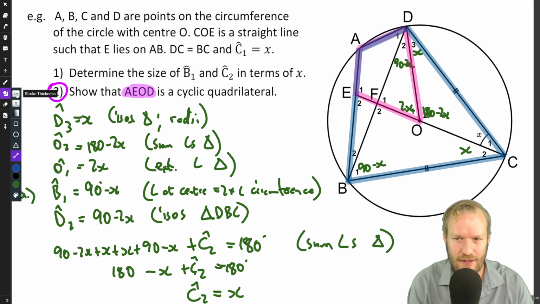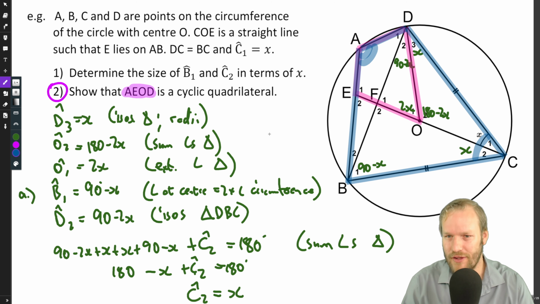Well, I've just traced out a cyclic quad. What do we know about opposite angles of a cyclic quad? We know that they add up to 180. So there we go, looking at that, highlighting, maybe that's useful. Angle C, the whole of angle C, is 2x. So therefore, the angle A here must be 180 minus 2x.